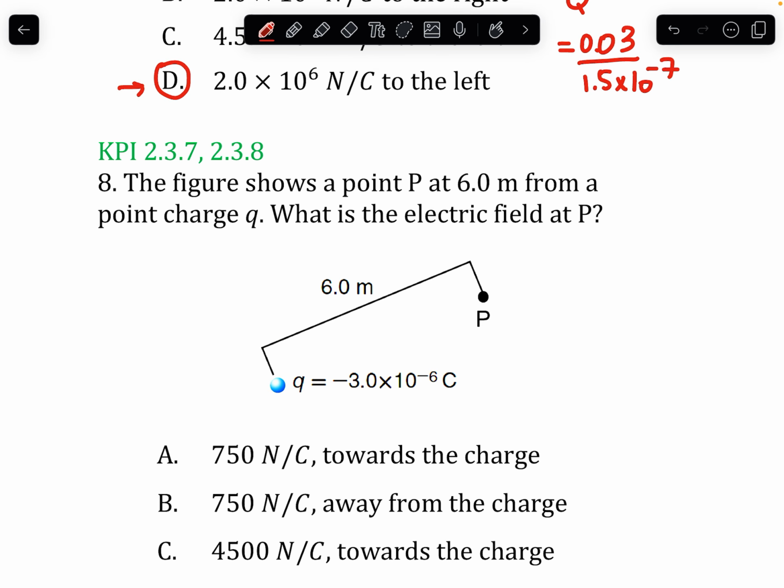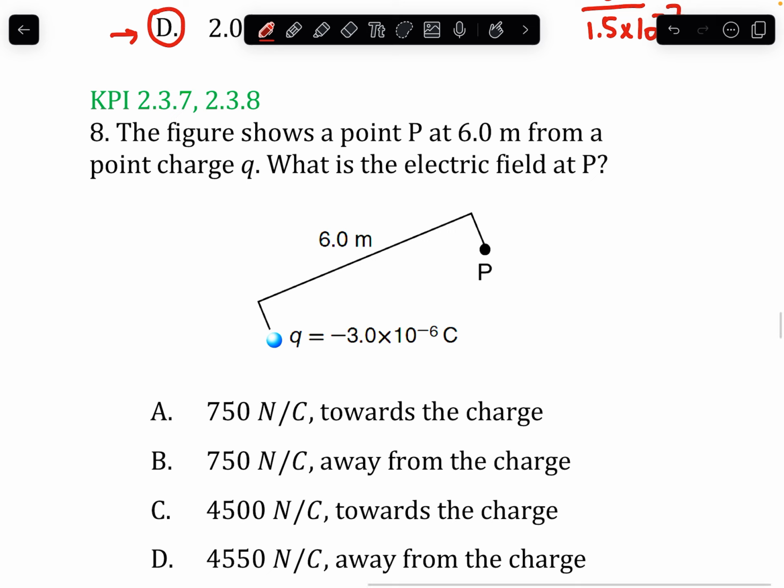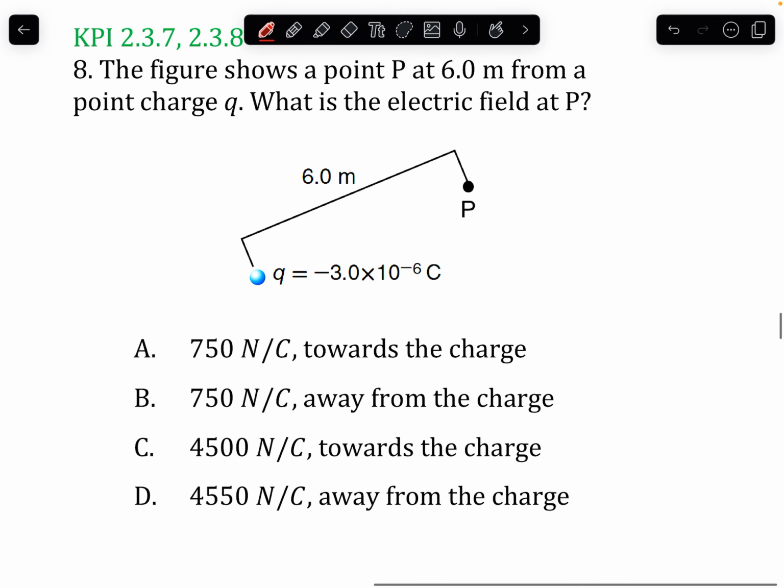The figure shows, question 8, point P at 6 meters from a point charge Q, which I see is negative. What is the electric field at P? As the charge is negative, the electric field should be inward, toward the charge, on this line.